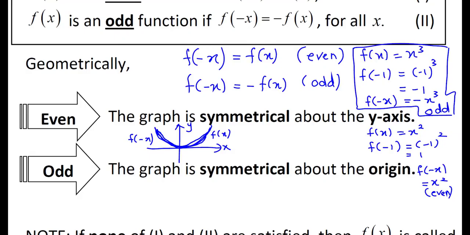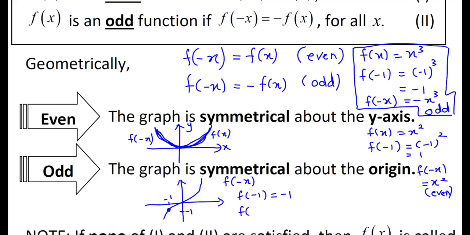Okay, then how about the odd function? Let's say you have x cubed. So you will get a graph like this. Okay, when you substitute negative x, let's say f(negative 1), you will get negative 1, so you get this point.